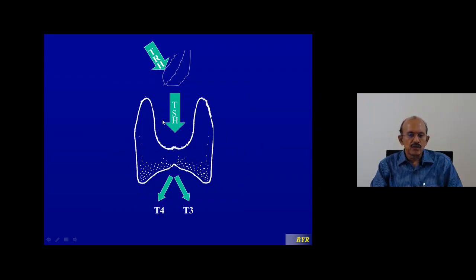Under the influence of TSH, the thyroid produces T4 and T3. This T4 and T3 can reflexly reduce, influence, or block the anterior pituitary from secreting TSH. That means if T4 and T3 are in excess, they inhibit secretion of TSH from the anterior pituitary.